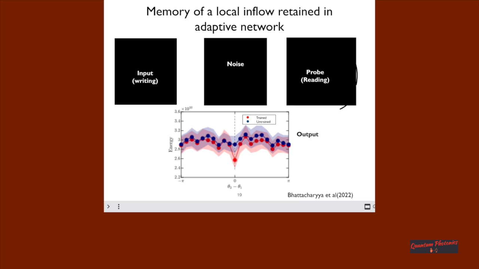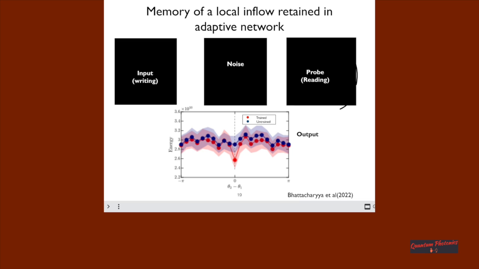This is shown by the last build in slide 19. We observe that whenever the direction of the probe stimulus is exactly the same as the direction of the writing stimulus, the energy dissipation drops.